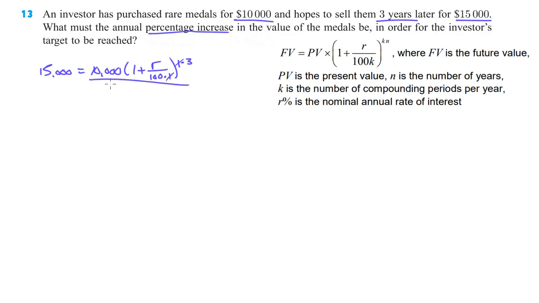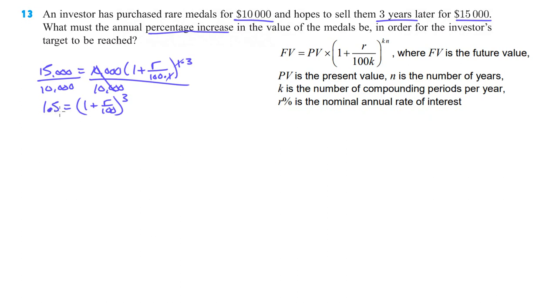So first thing, get rid of that 10,000. Divide both sides by 10,000, and that gives us 1.5 equals 1 plus r over 100, all to the third power. He's bought them for 10,000 and wants to sell them for 15,000.